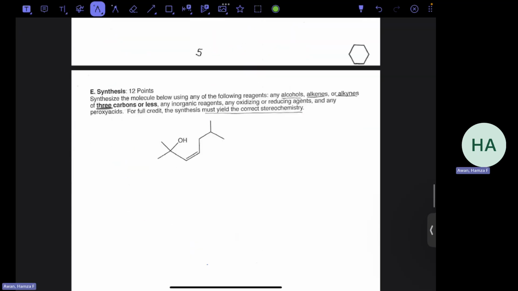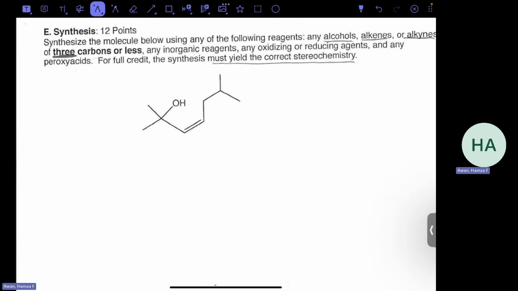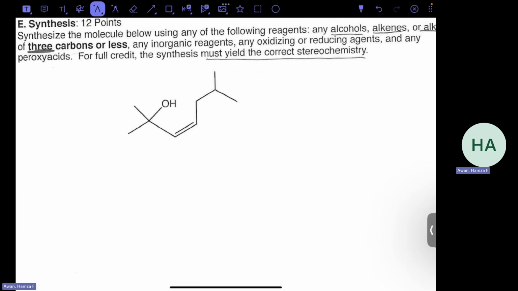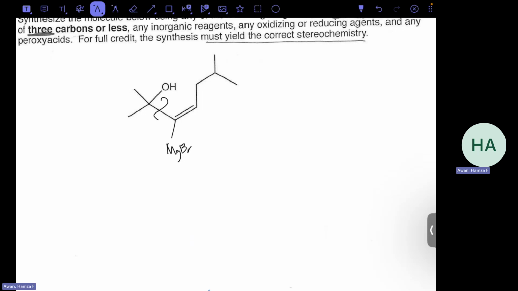So next we are doing synthesis. All right. So for synthesis, the first thing that we see is that we have an OH group, and we have it on a place that we can actually do Grignard, right? But if we were to do Grignard here, we'd have an MgBr on a vinyl position, right?